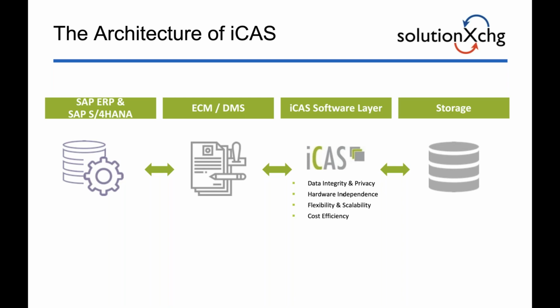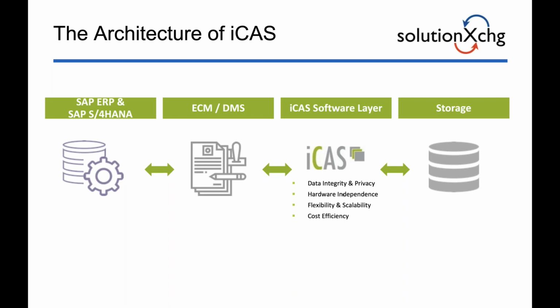There are several other features for writing out the files twice so that you have 2 synchronous copies and things like that. What iCAS also provides is hardware independence, because as a software layer, iTernity iCAS can work with any direct attached storage, network addressable storage, SAN, block storage, different object storage products, and it can leverage the cloud as well.